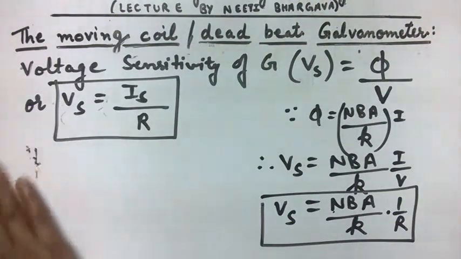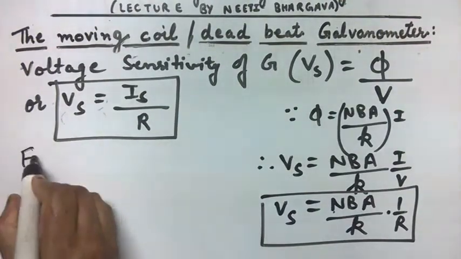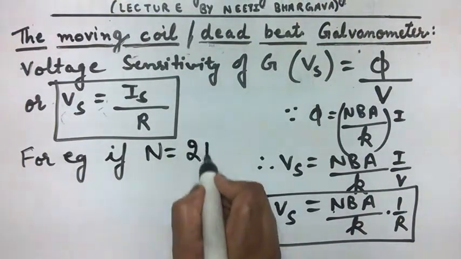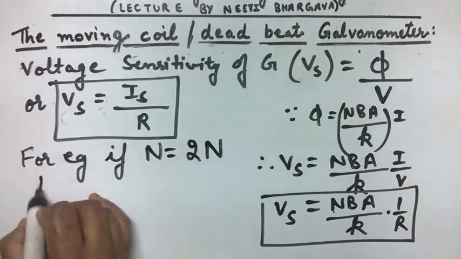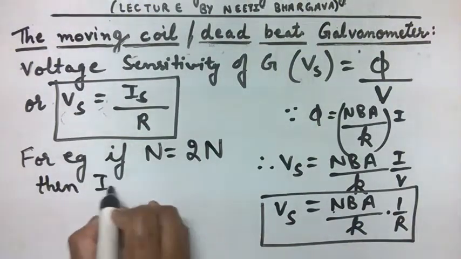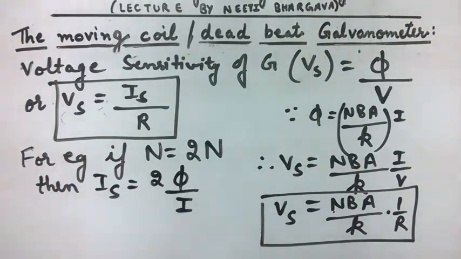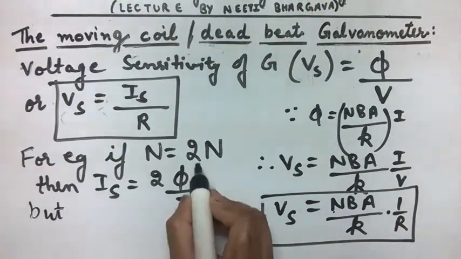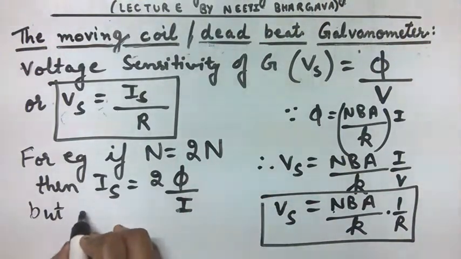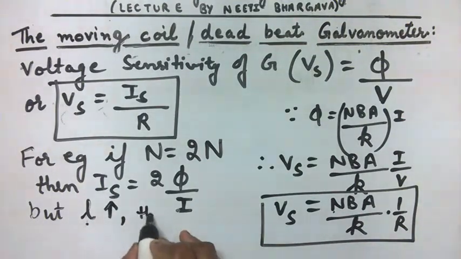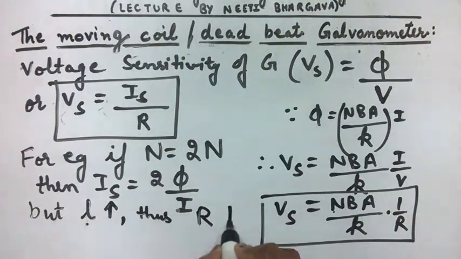For example, if the number of turns is doubled, then Is becomes twice the original value. But as we have increased the number of turns, the length increases, and thus resistance also increases.